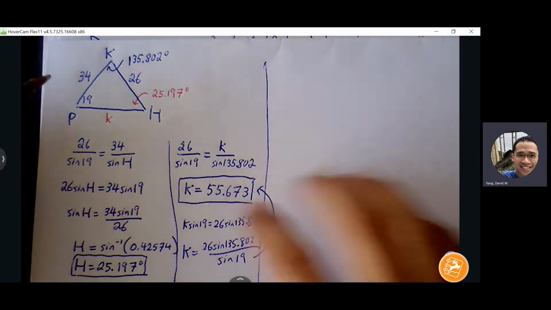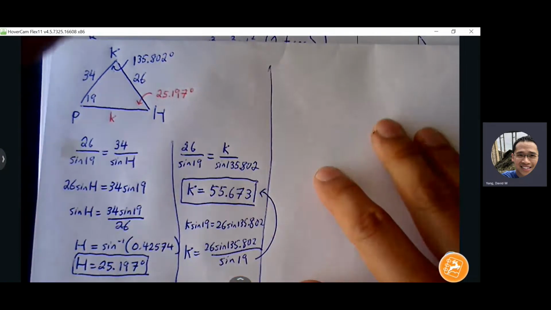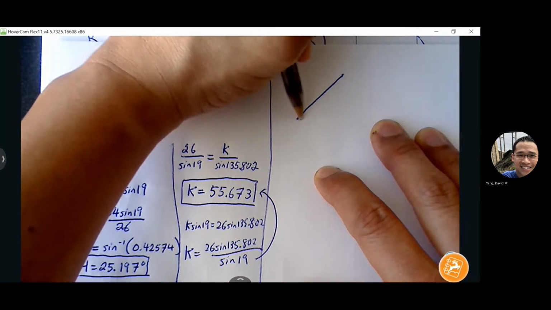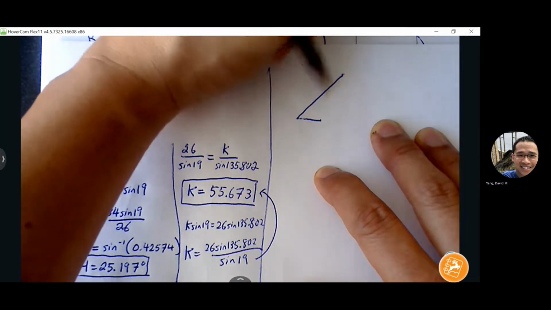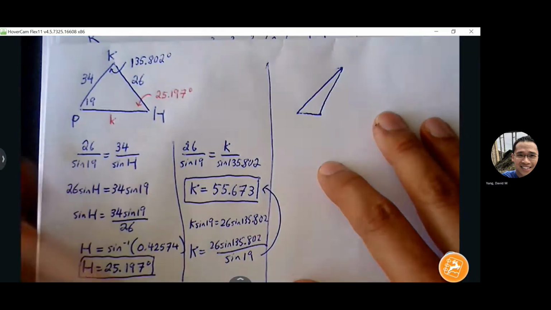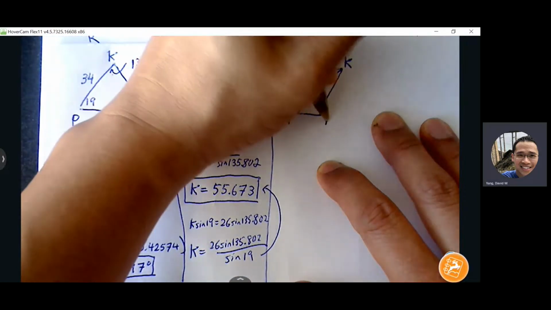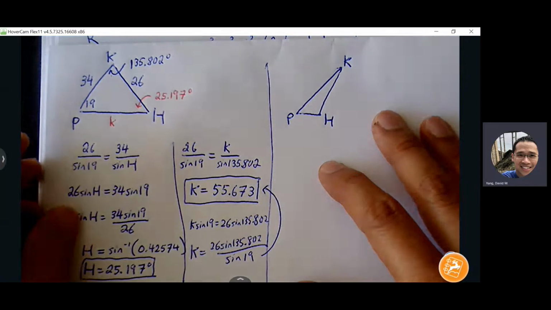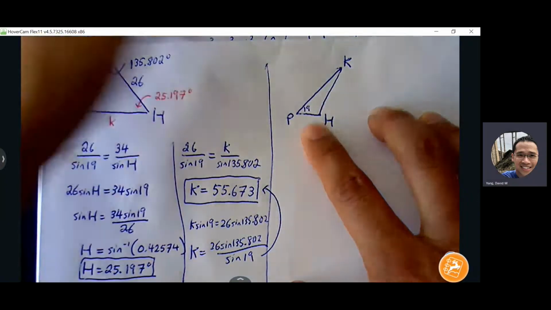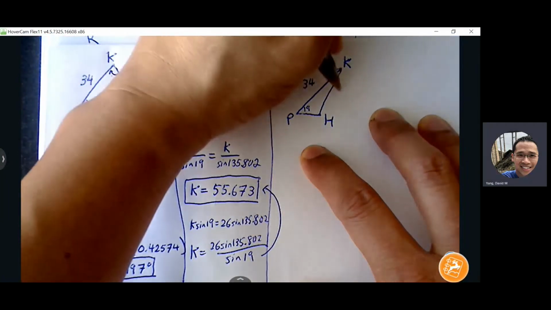Okay, triangle 2, it'll look similar to this, except that H is going to be an obtuse angle. So here's P. So you have angle P, angle K, and angle H. Angle P is still 19. 34 is still there. 26 is still there.